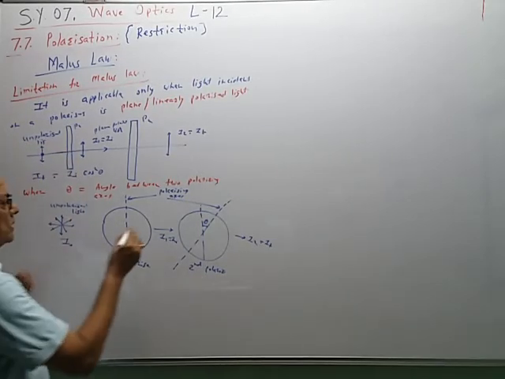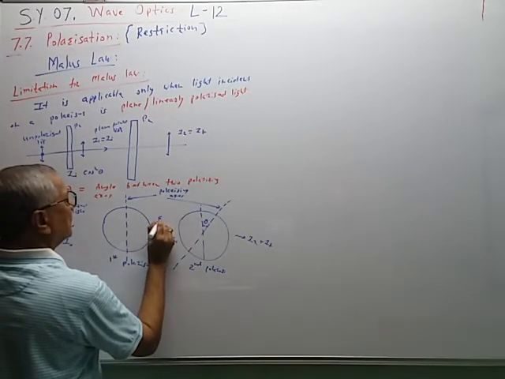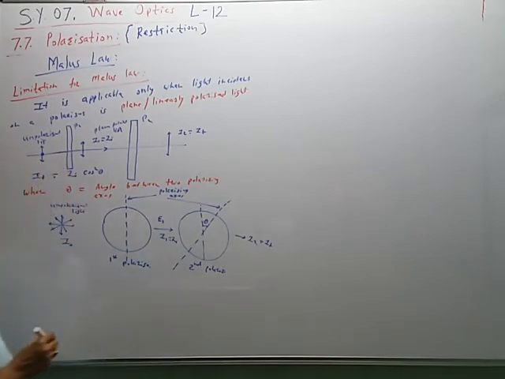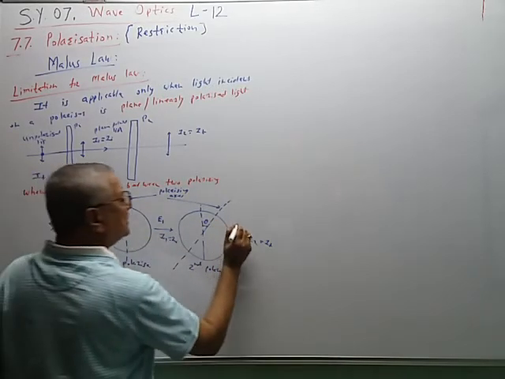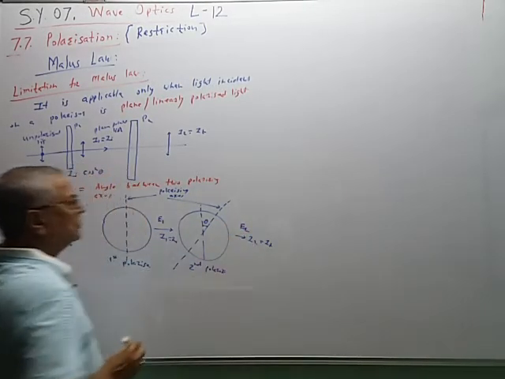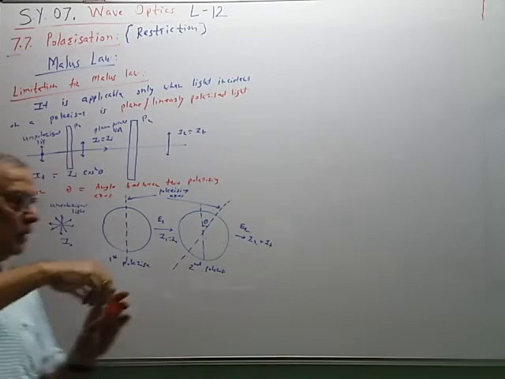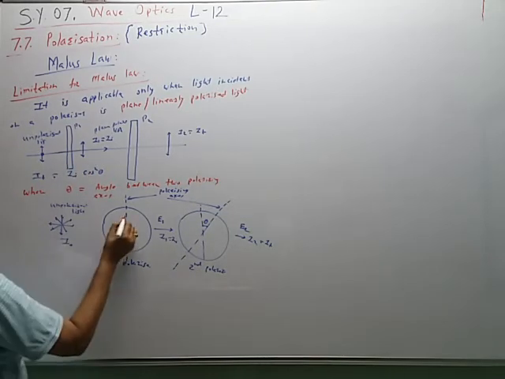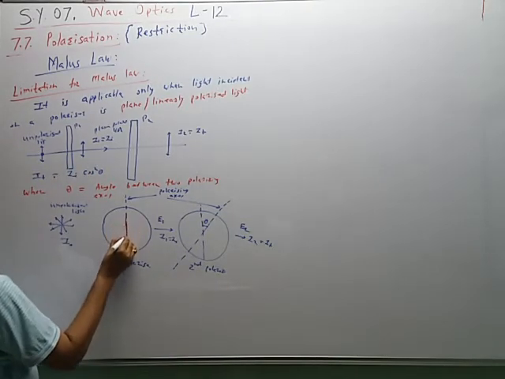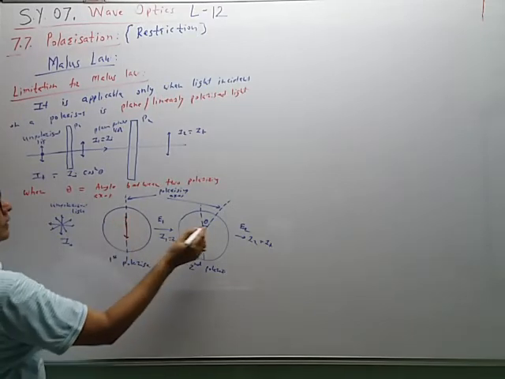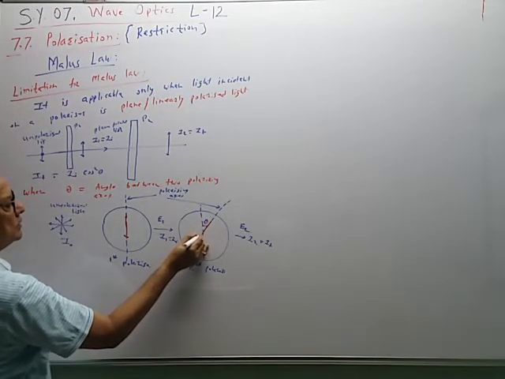The intensity is I1, so the electric field has amplitude E1. This electric field is E2. These electric vibrations: it allows the electric field vibration in this direction, and in this direction.